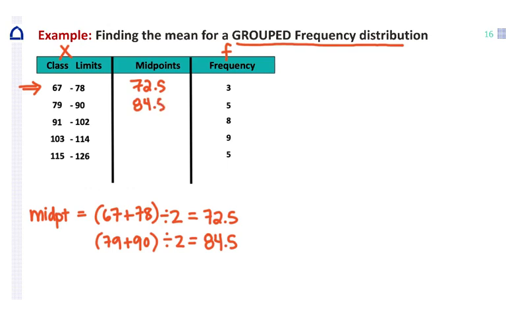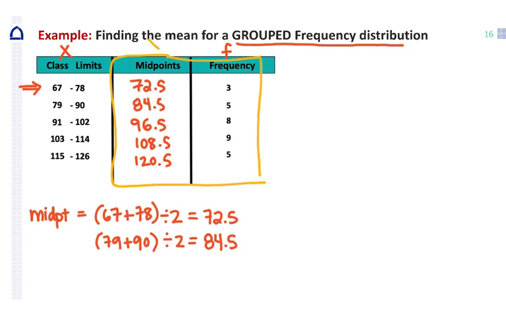I notice that each of these increases by 12 each time, so I can shortcut it by just adding 12 to each one. And there we go.